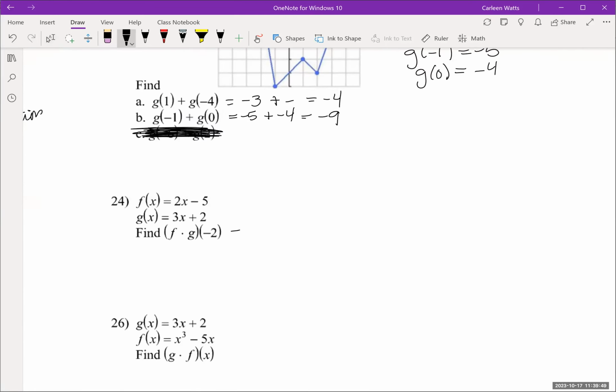So this is saying take F of -2, multiply it by G of -2. So F of -2 is 2 times -2 minus 5, which is -4 minus 5, which is -9.